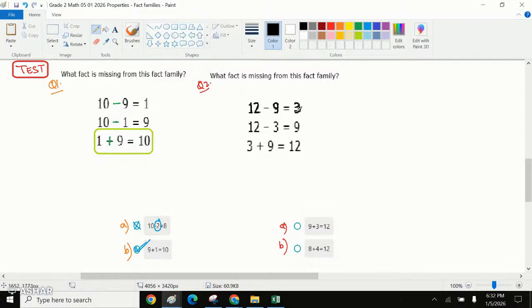We cannot have any other number in our answers. Yes, your answer is correct. When we look at option B, we have an extra number over here, that is 4. We cannot use 4.